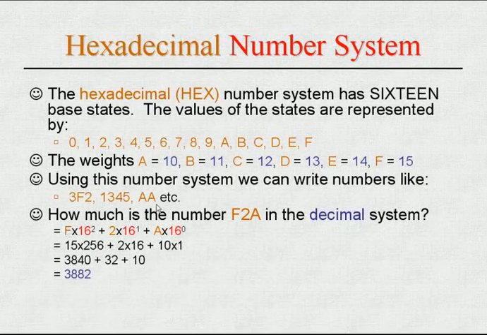F is the same thing as 15, so we plug in 15 here, and 16 squared is 256. 2 is 2, so we have 2 times 16 to the 1, which is 16, and A has a value of 10. So we have 10 times 16 to the 0, which is 1. And when we add up all the numbers, we get 3,882. So in hex, F2A is equal to 3,882 in decimal.